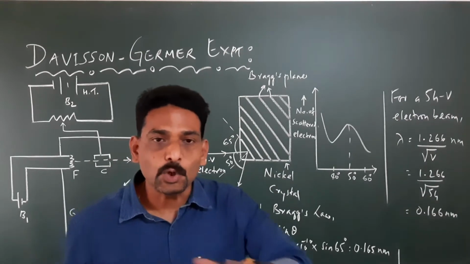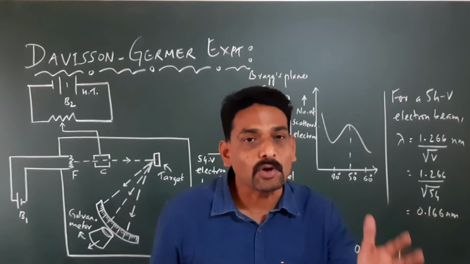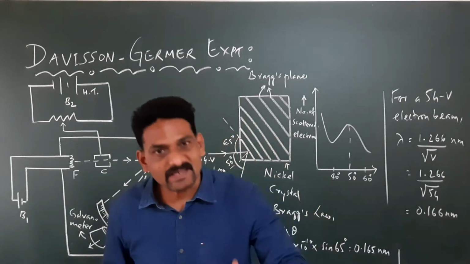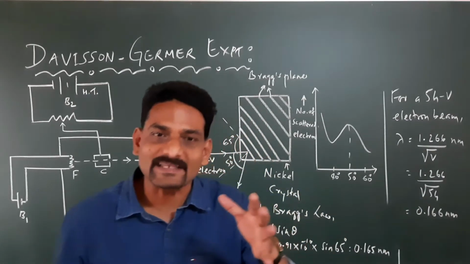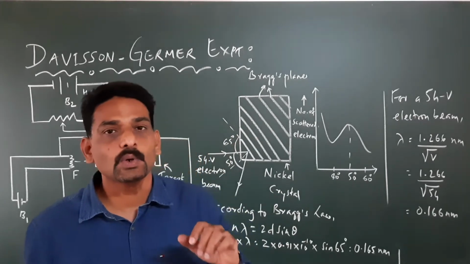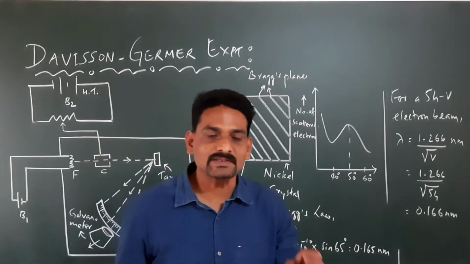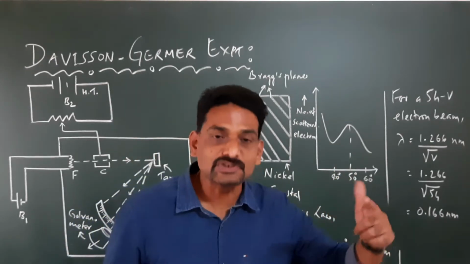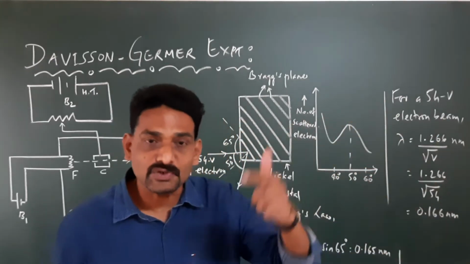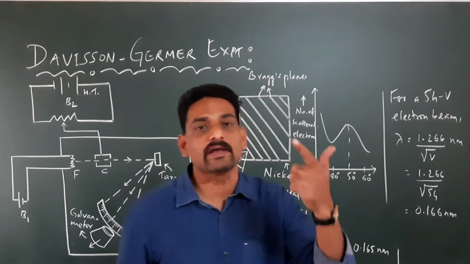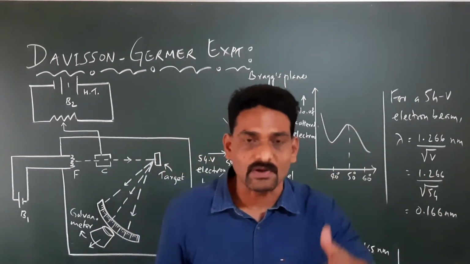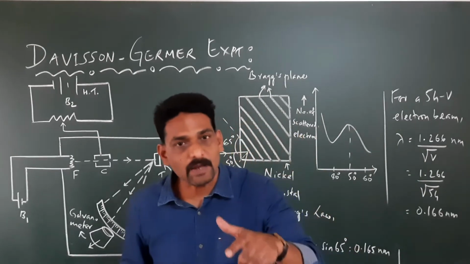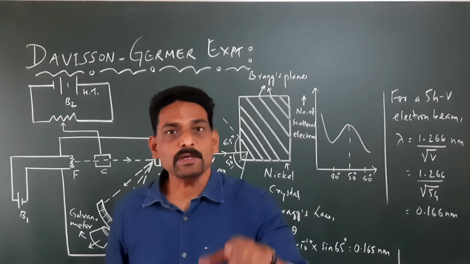But there was no proof for de Broglie's hypothesis. In physics, if anybody says something, it has to be proved experimentally. So the hypothesis that particles like electrons, protons, neutrons in motion are associated with waves, called matter waves, de Broglie waves or pilot waves, with wavelength lambda equals h by p, had to be proved.